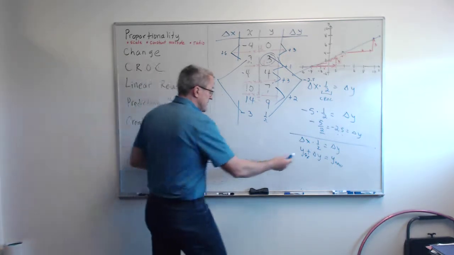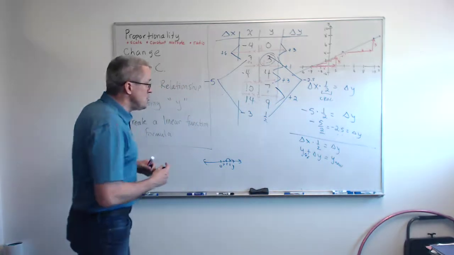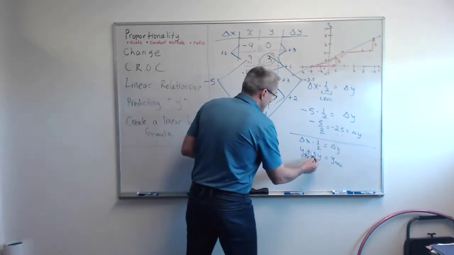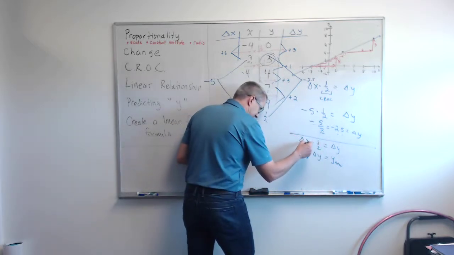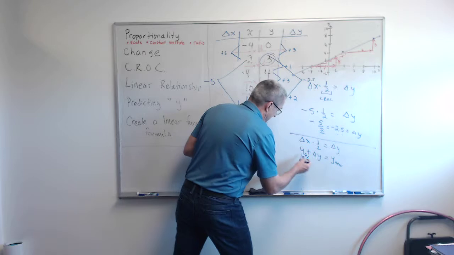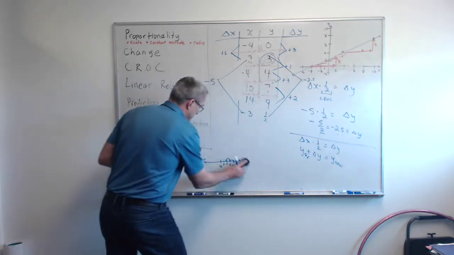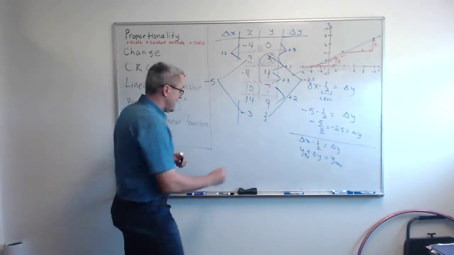So in general, to predict a new y value, we're going to figure out the change in y. The way we figure out the change in y is we take delta x times a half, and then we add it to the reference y. So let's put this all together.